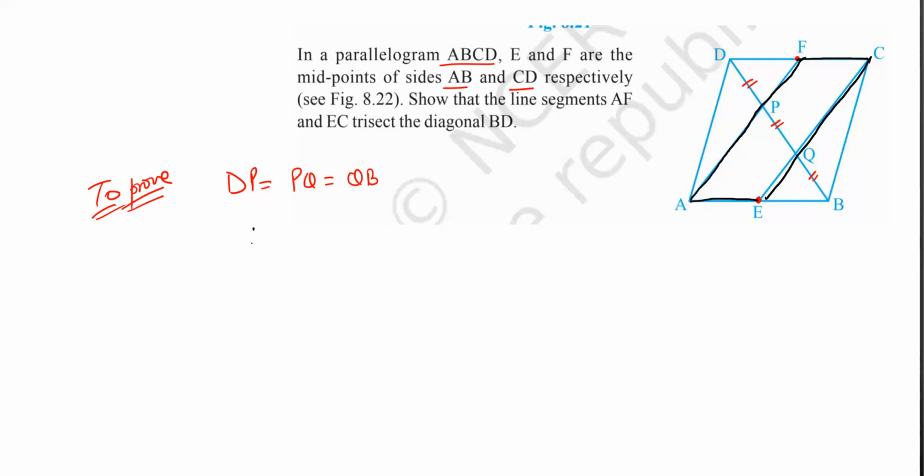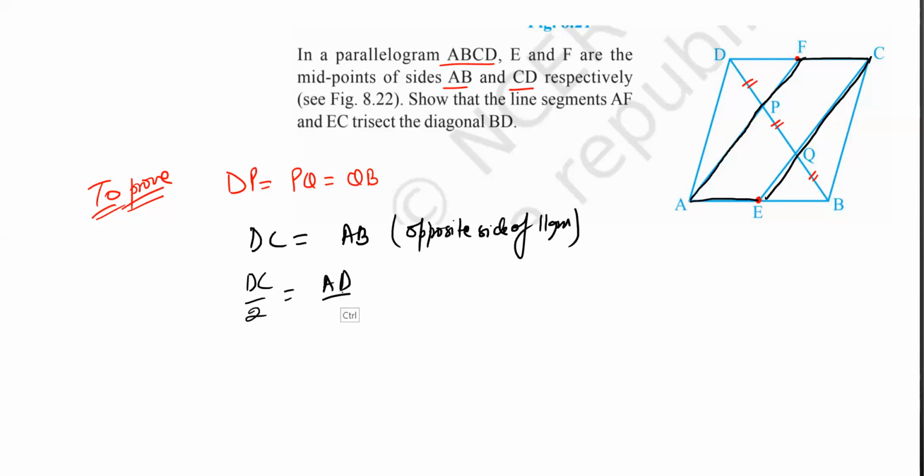You can say that since DC is equal to AB, why? Opposite sides of parallelograms are equal. So you can write half of DC will be equal to half of AB.